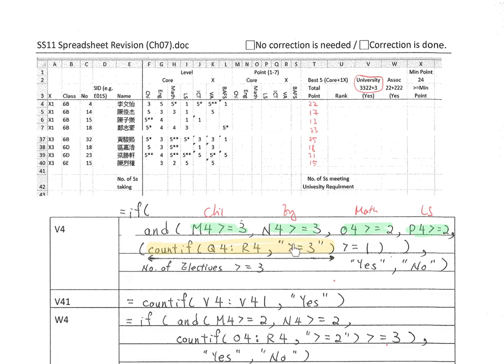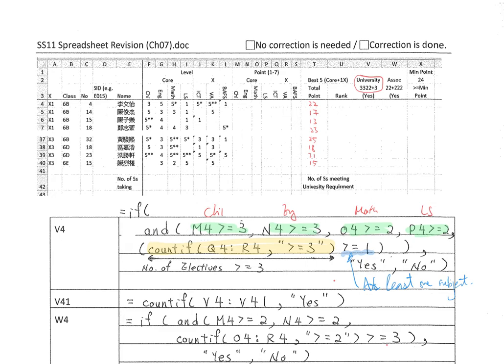If he or she can get at least 1, then they match the requirement. So greater than or equal to 1 just means at least one subject.